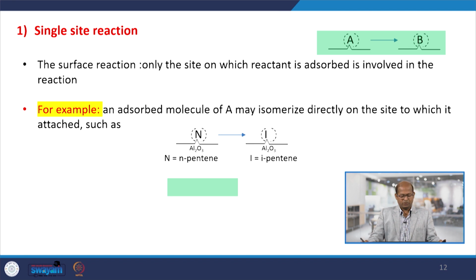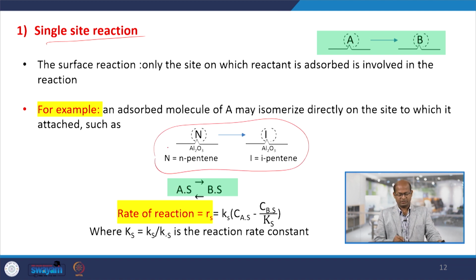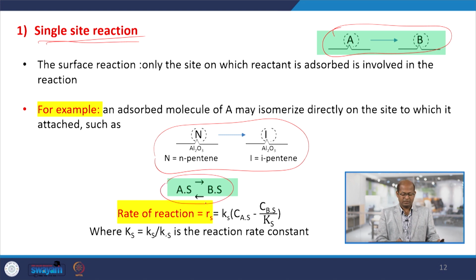Okay. So, now single-site mechanisms. Here one example is given. If the reaction is this type of single-site surface reaction, it happens this way, and then we can write the rate this way: A·S reversible B·S. So, A interacted with the surface site, and it is converted into the corresponding product B, which also remains over the surface site.